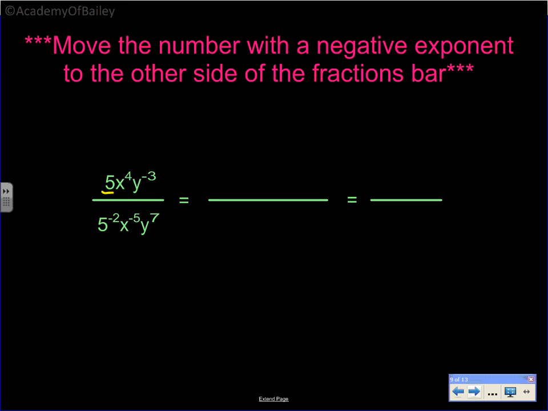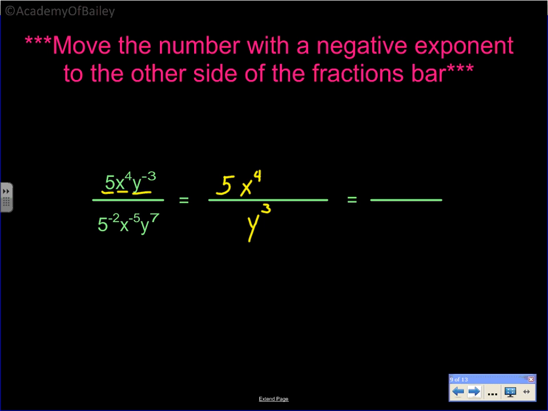Let's look at the 5. 5 has an exponent of a positive 1, so it stays where it's at. It stays on top. X to the 4th is a positive exponent, so it stays on the top. Now, y to the negative 3rd, right here's the negative exponent. You have to move it to the other side of the fraction bar, and it becomes a positive exponent.